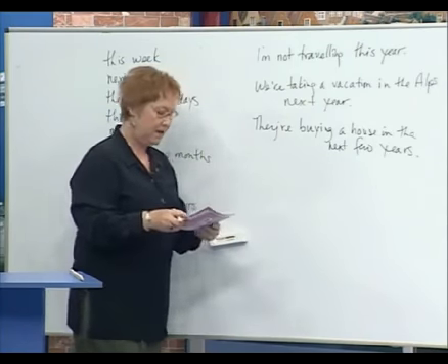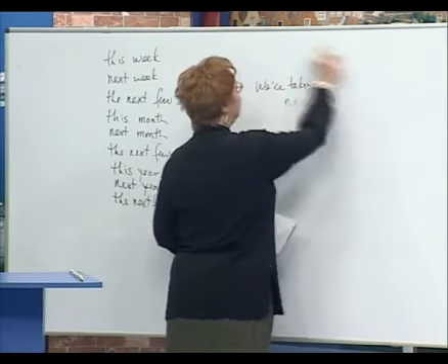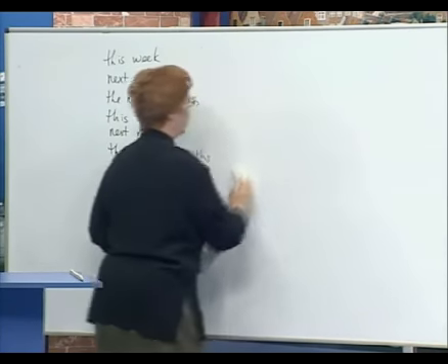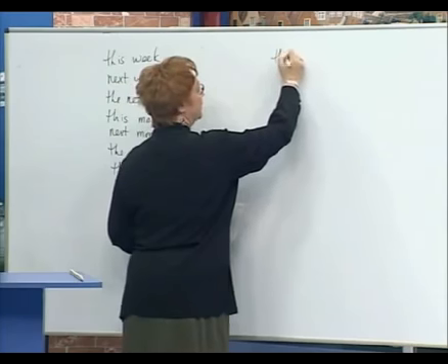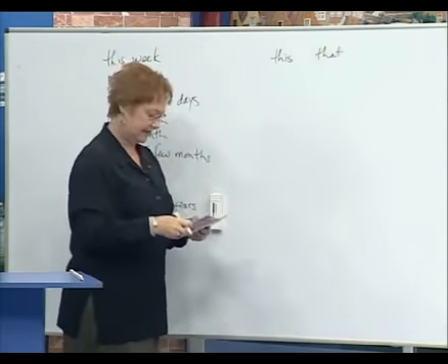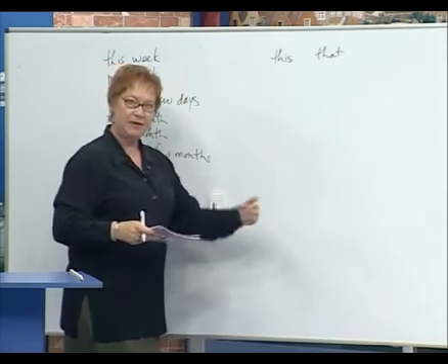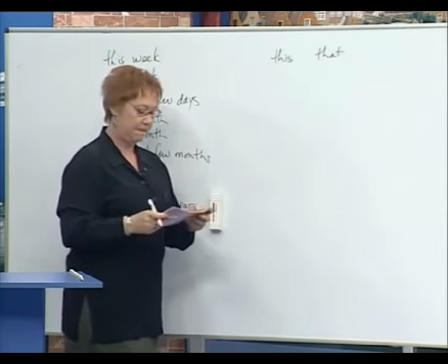Okay? Now, we can also talk about seasons in the future, of course. And we can use this or next for seasons. So, for example, this summer is the summer that is coming.